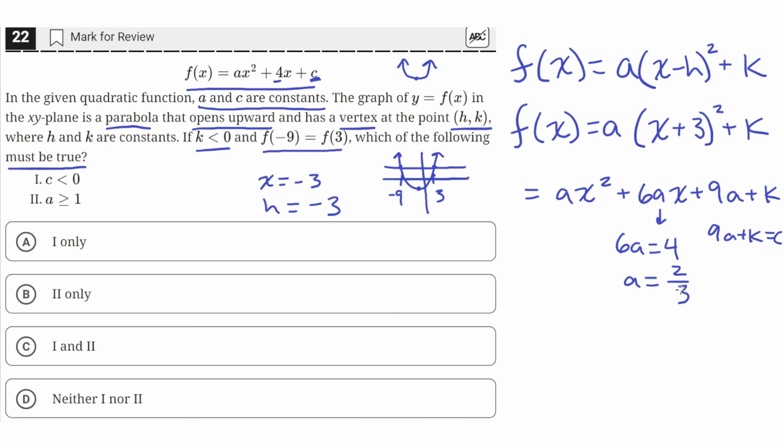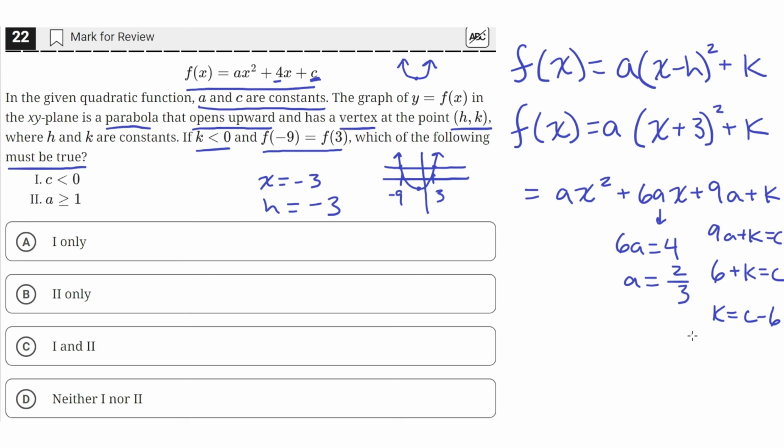So then let's plug in the value of a equals 2/3 into this equation. So 9 times 2/3 is just equal to 6. Then plus k is equal to c. So this means that k is equal to c minus 6. Okay, and we knew that k is less than 0.